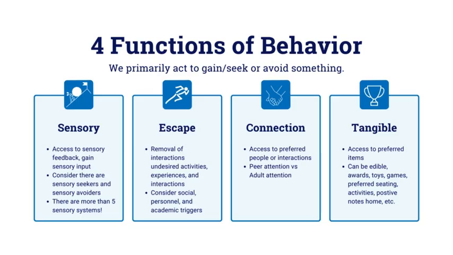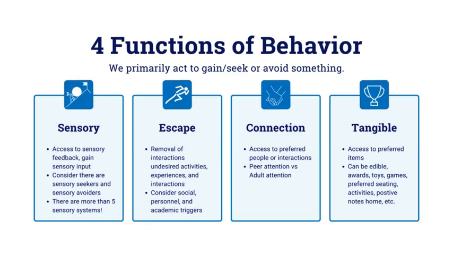And so, if you think about a student's behavior, you can usually start to determine, are they trying to gain attention or connection from their peers, from adults? Are they trying to gain sensory input? Similarly, you can see if a student is trying to avoid sensory input.